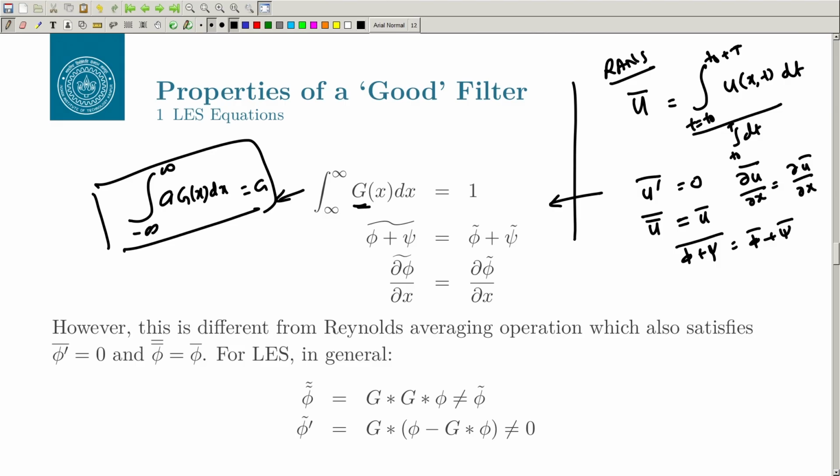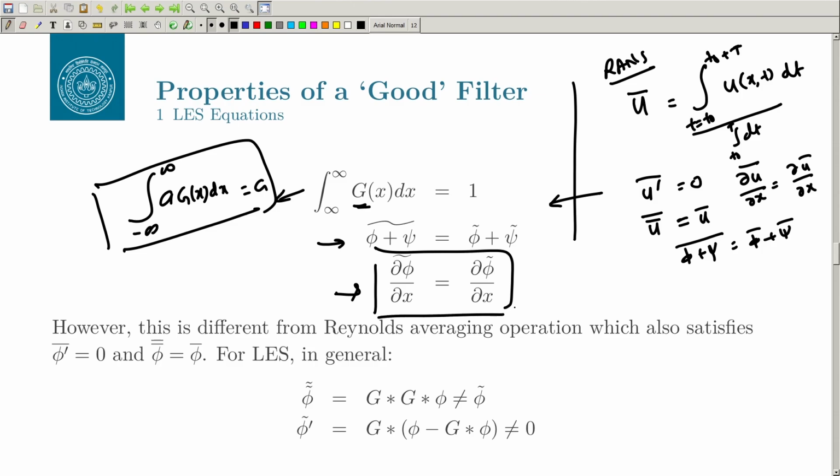Like the Reynolds operator, if you apply the filter on a summation of two variables, you can commute the operation: first apply the filter and then do the addition later. Similarly, the operator is linear.